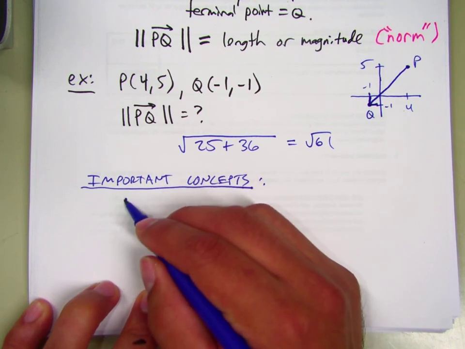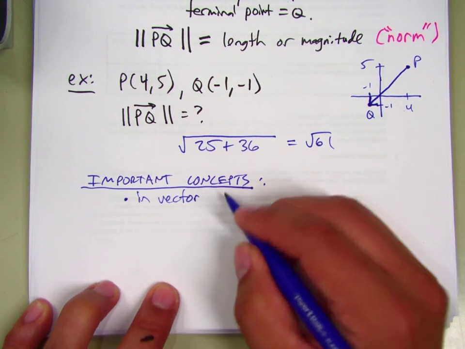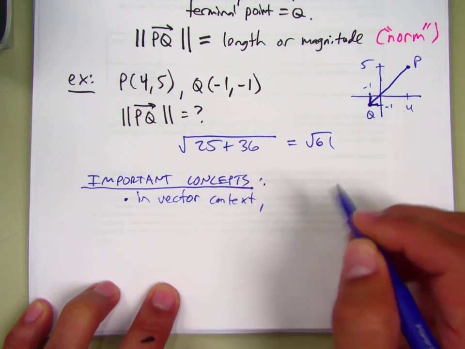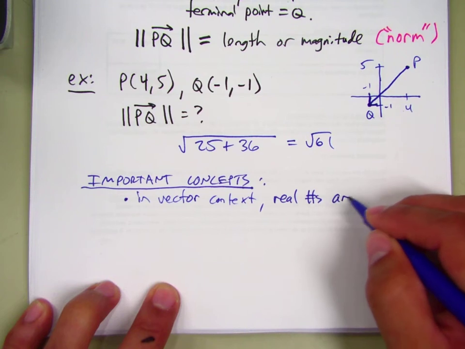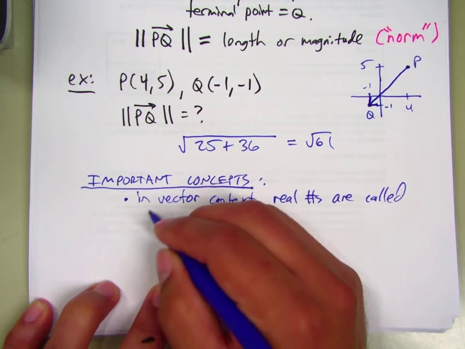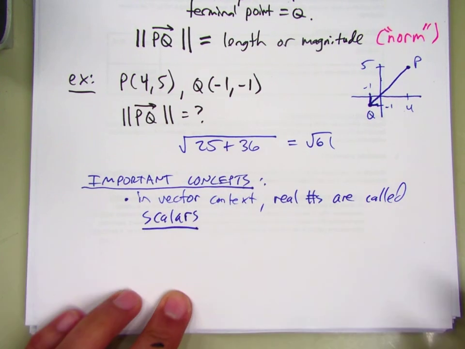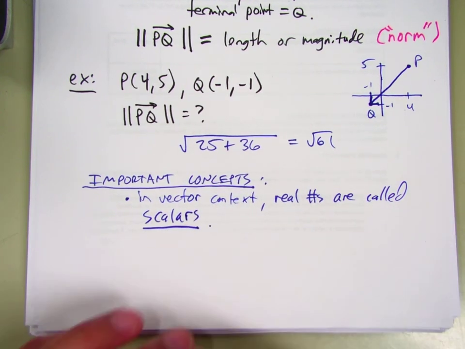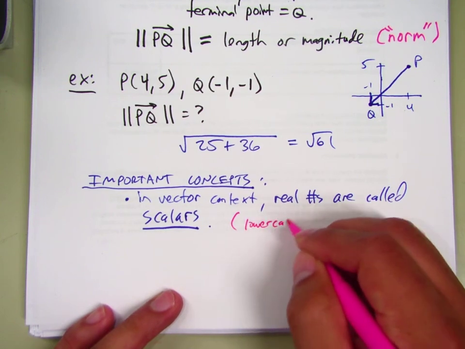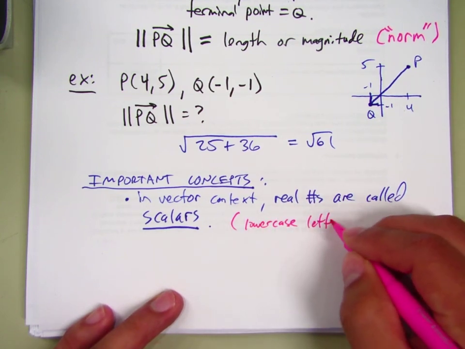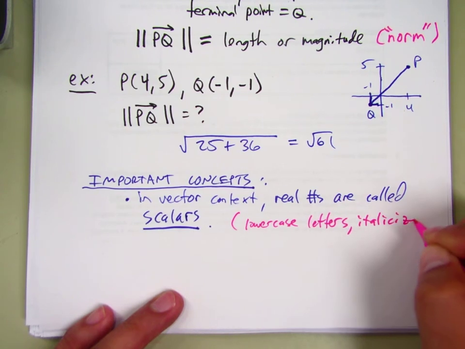Okay, in the context of vectors, so in vector context, real numbers are called scalars. Okay, in the book, these are just usually lowercase letters, and they typically are italicized.